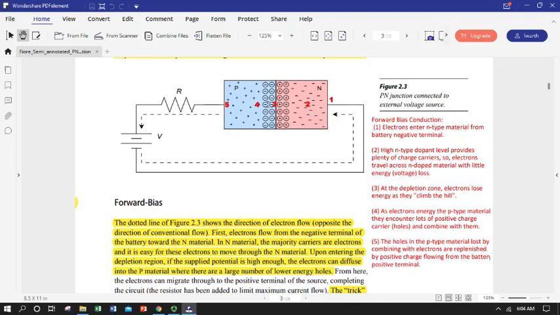They've made it over the hill, and they don't proceed through the p-type material as electrons. They recombine with holes right here on the left side of the depletion zone. And there's plenty of holes to recombine with because there's positive charge coming out of the positive side of the battery and entering the p-type material from the back side, pushing all the positively charged holes up towards the interface.